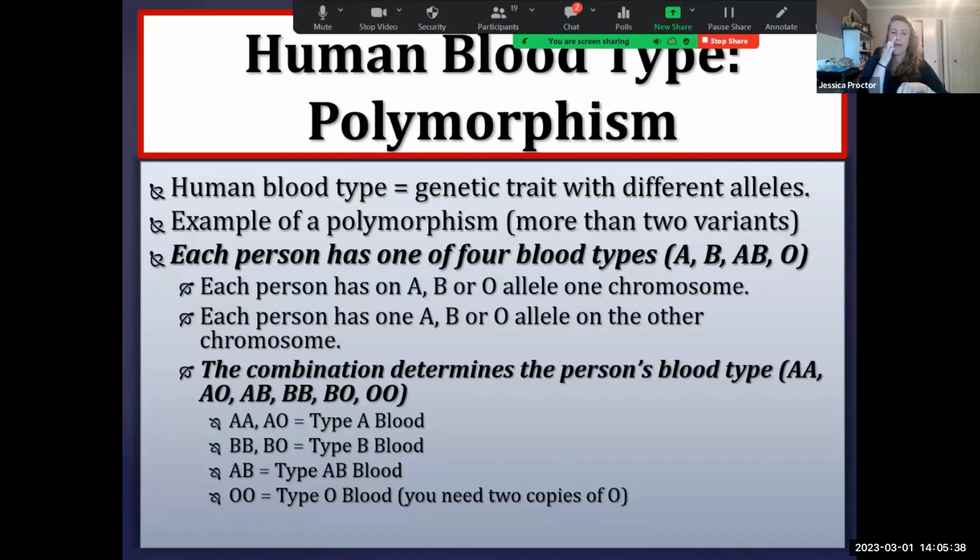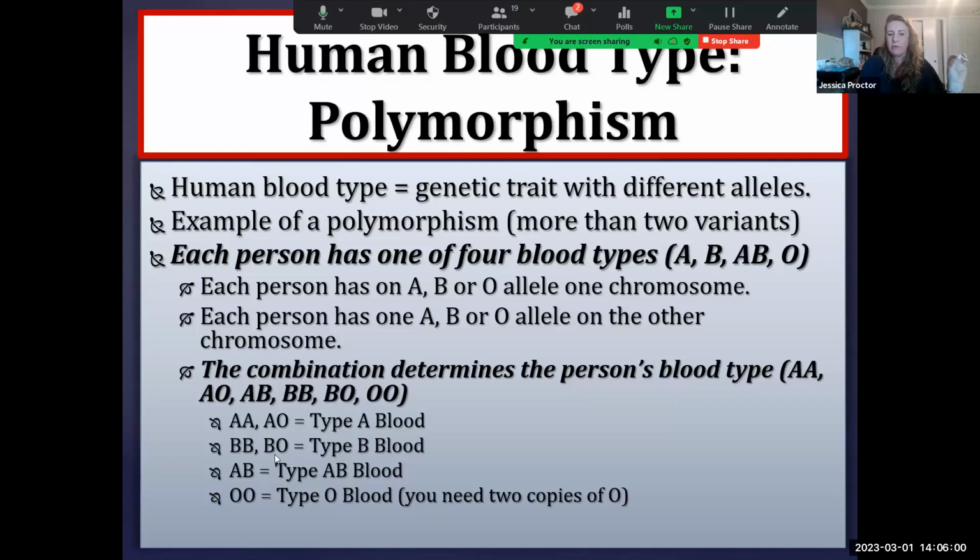If you're blood type A, you actually have 2 possible genotypes. You could have inherited an A allele from both mom and dad, or you could have inherited an A from mom and a recessive O from dad, for example. But either way, as long as you have at least one big A, because that's the dominant allele, your overall blood type is type A blood.